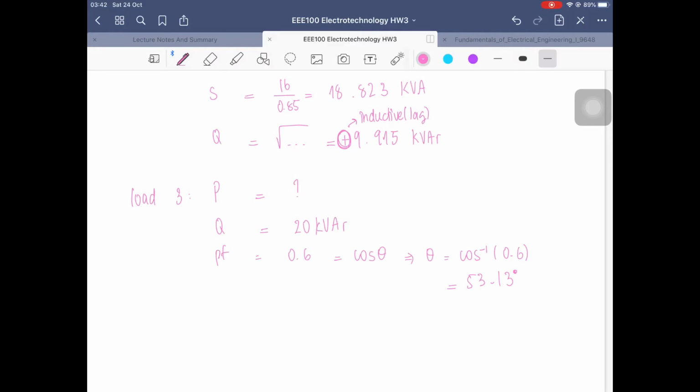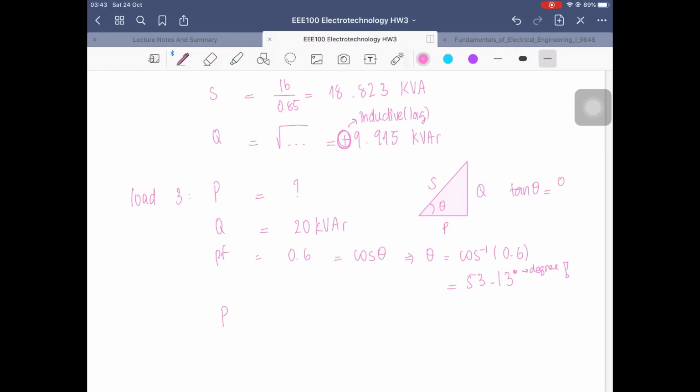And there is the PF from which we can find theta, because we have no way to find it by the Pythagoras theorem. So when we find the angle, don't forget to make sure it's in degrees. Whenever I do the exercise, I like to draw the right triangle to realize which of sine, cos, or tangent I need to use, because I always get confused about which side is which.